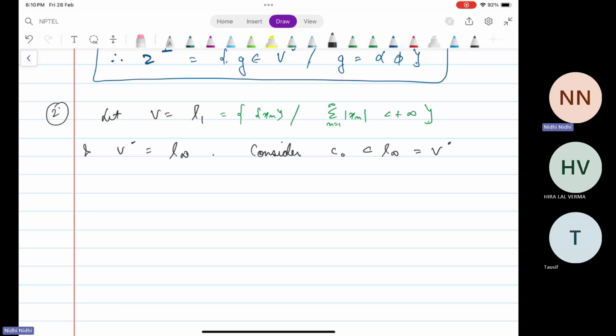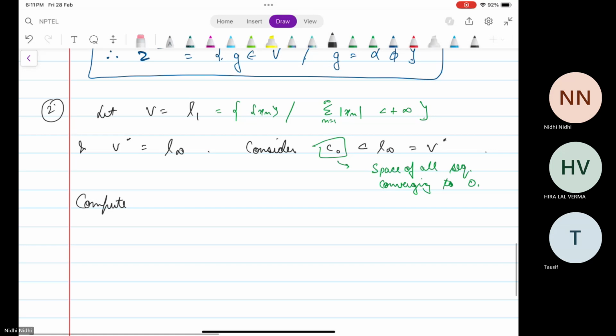So we are considering c naught, the space of all sequences converging to 0, as a subset of L infinity. Now we need to compute the perpendicular of c naught.